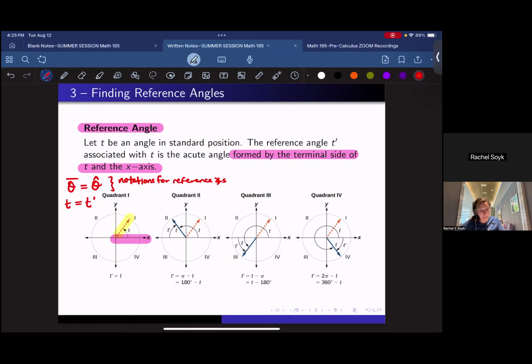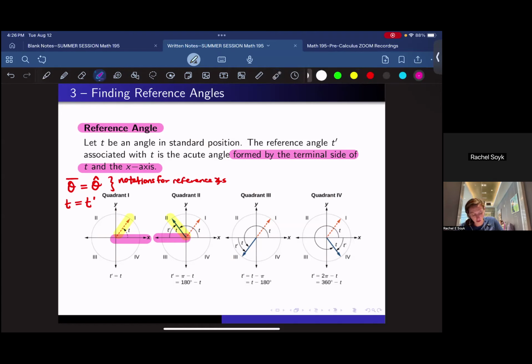If we look at the second quadrant, again, terminal side is yellow, and then the closest x-axis side is over here, which means the wedge between that gives us our reference angle. Reference angles are really important because we are way more comfortable calculating the reference angles, and then from there can find out what the calculation of the original angle we're looking at is.